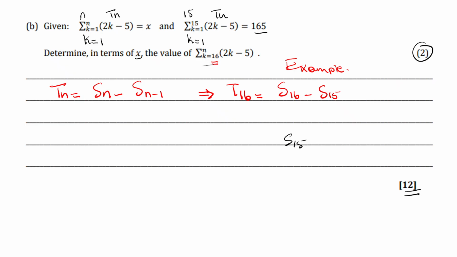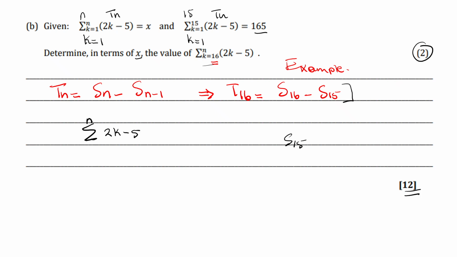It's like they just want you to find T16, because if I say T16, we know it will be 16 minus 15, but now I'm not going to use this part. I can first find the sum of, okay, let's do this. The sum of n terms, and the general term is 2k minus 5.